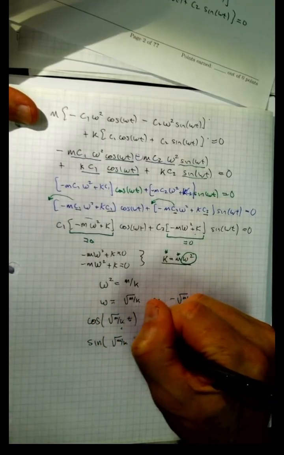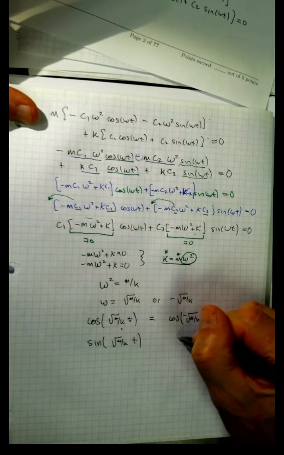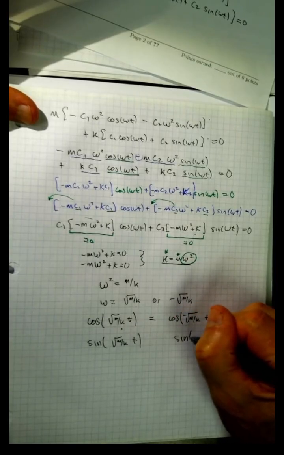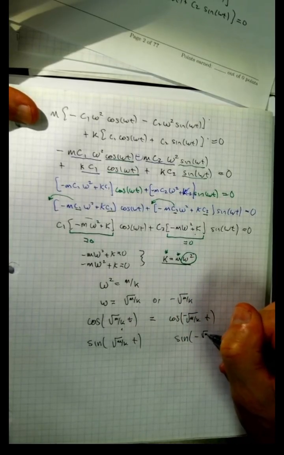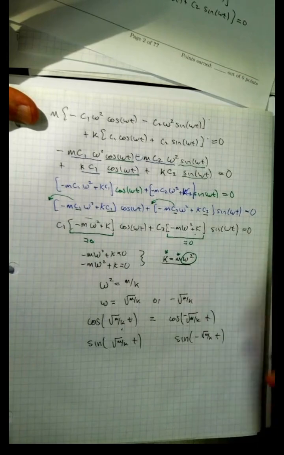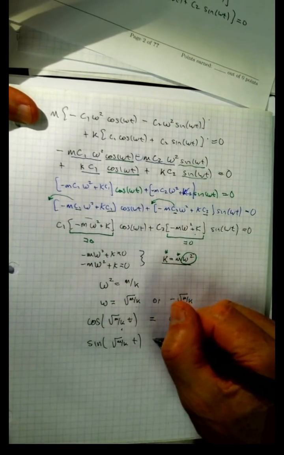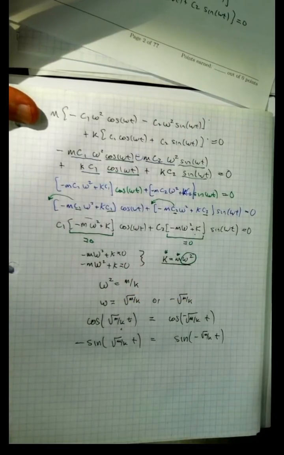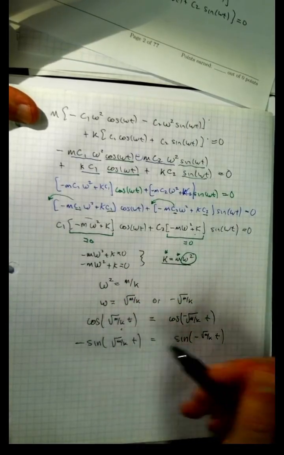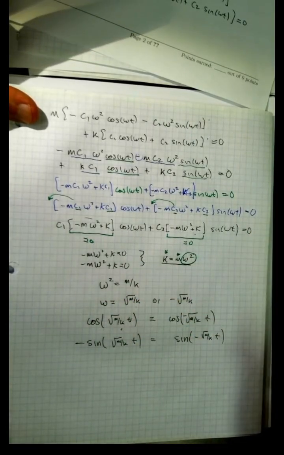Likewise, if I do the same thing with the sine function, this is an odd function, so if I pull that negative out, that's going to be the same thing. But since this is all multiplied by a constant, it's not going to change anything.